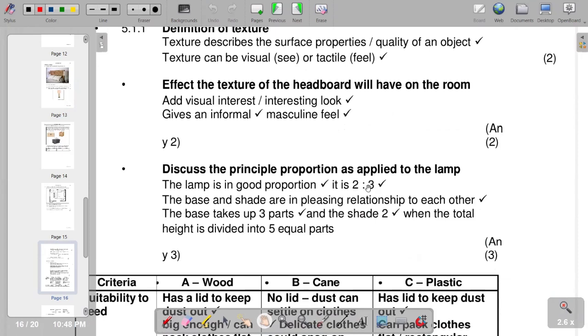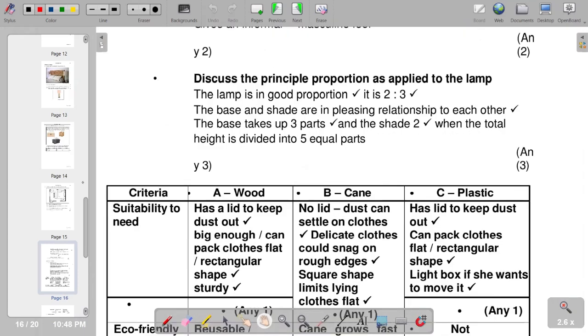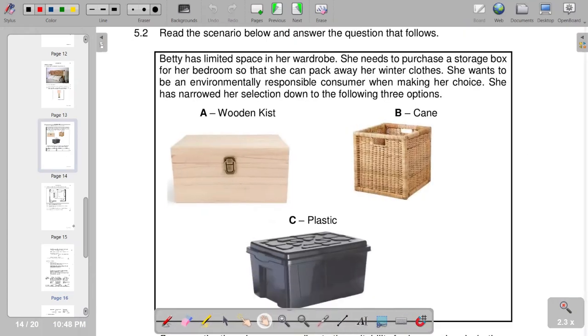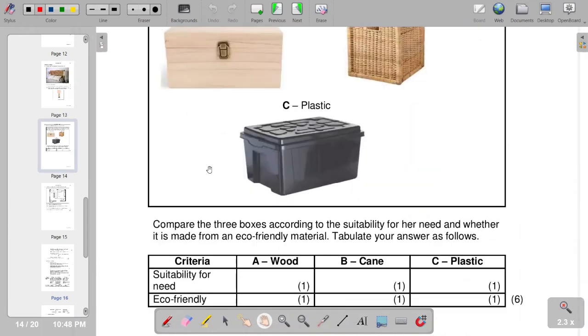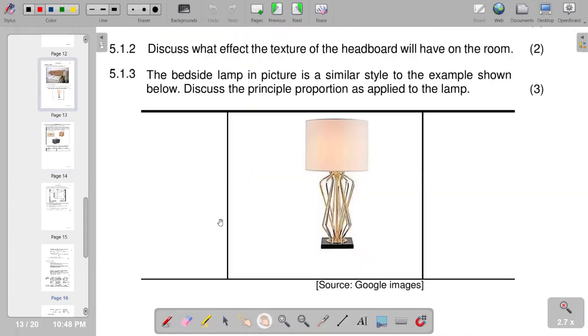It is 2:3. The base and the shade are in pleasing relationship to each other. There's an alternative explanation. The base takes up 3 parts and the shade 2, where the total height is divided into 5 equal parts. So this is the response that we have for this part. And then moving on to the next question.